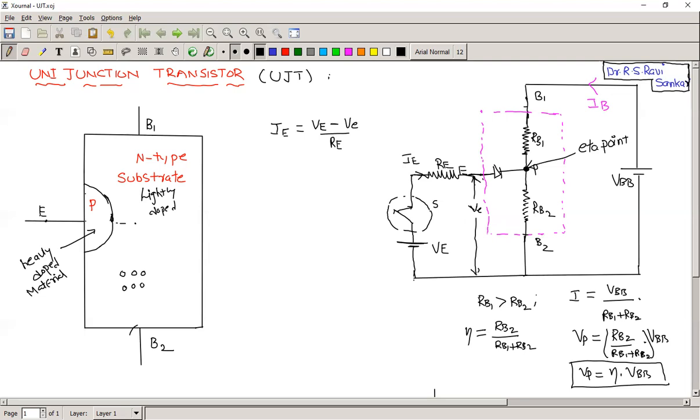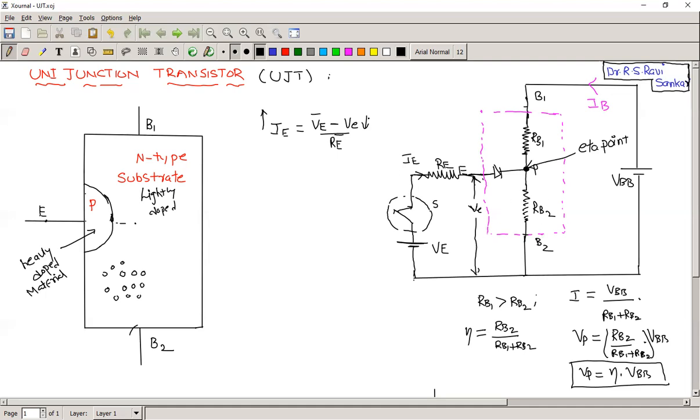So if the eta point voltage is decreasing, because this resistance is decreasing due to more charge carriers being injected into the inner base region, and this resistance is fixed, the emitter current is more. Nothing but more charge carriers, and further more charge carriers will be injected. Again, this RB2 will decrease.